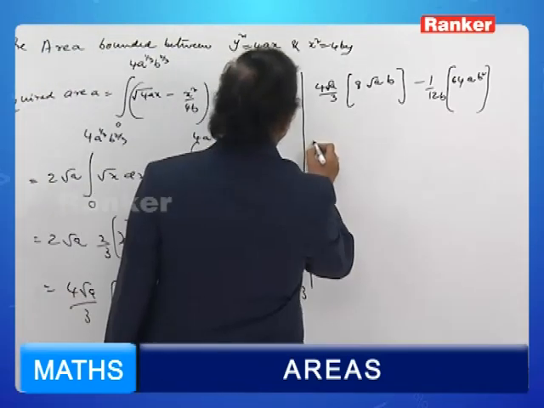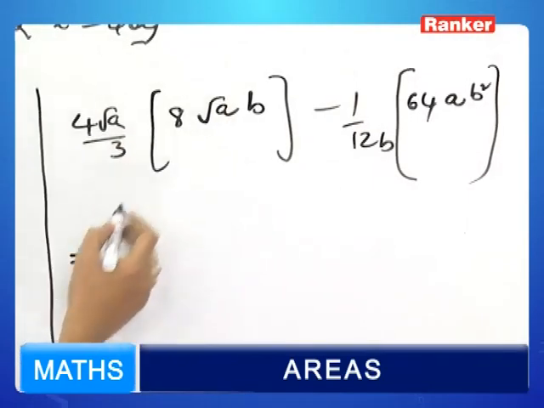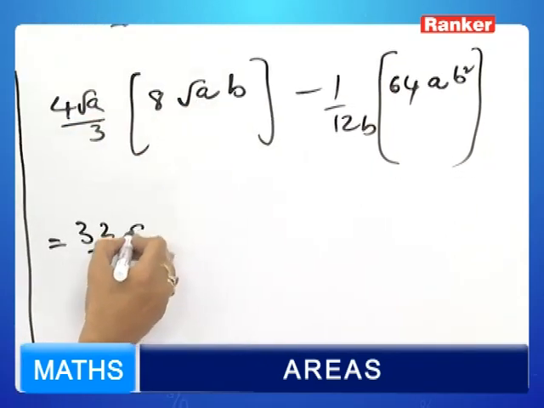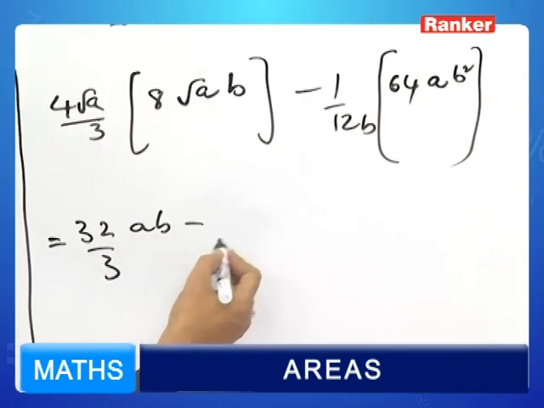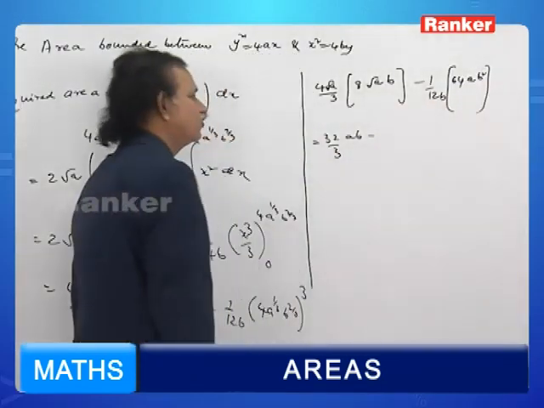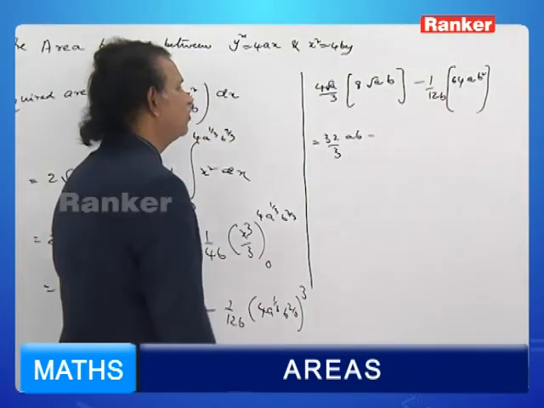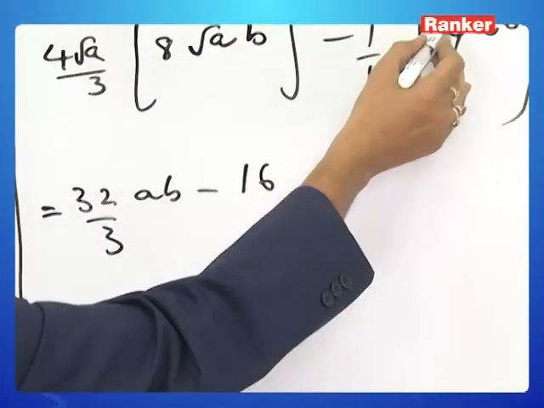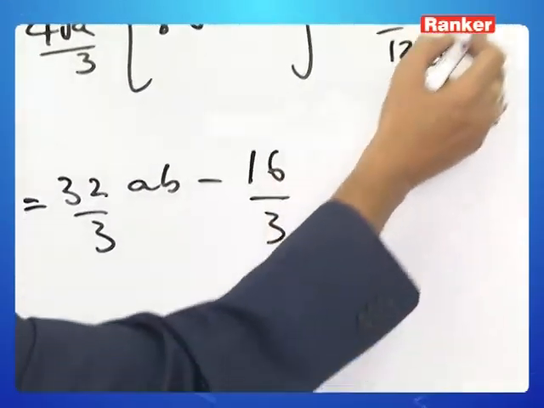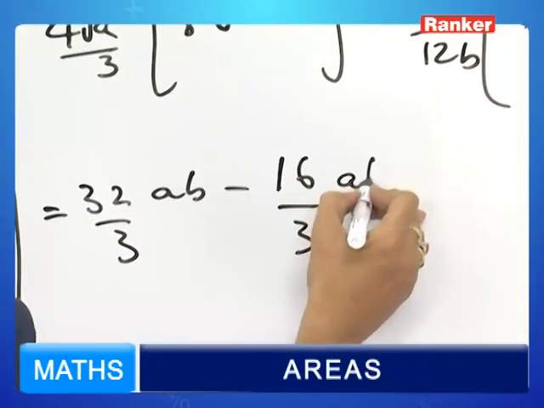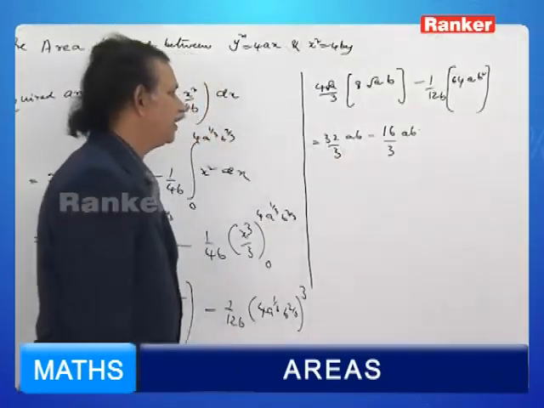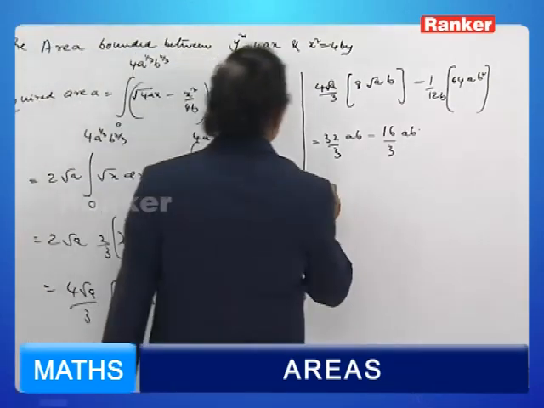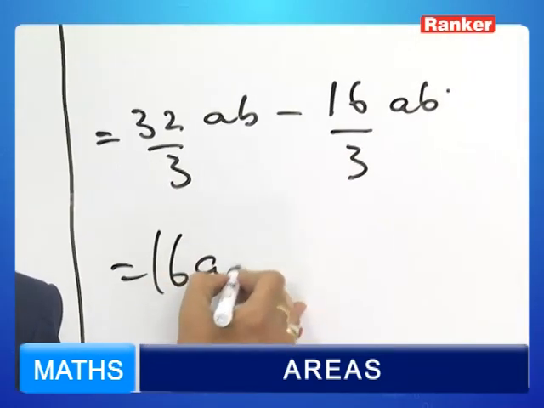It is 4 8s are 32. 32 by 3 root a and root a, that is ab, minus 64 by 12. You can cancel by 4, so that it is 16 by 3. One b will be cancelled, ab. 32ab by 3 minus 16ab by 3 is just 16ab by 3.